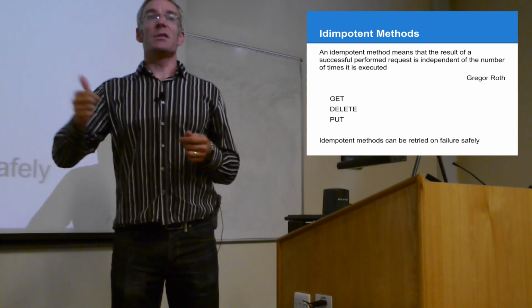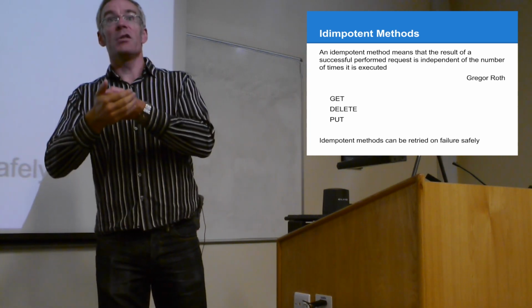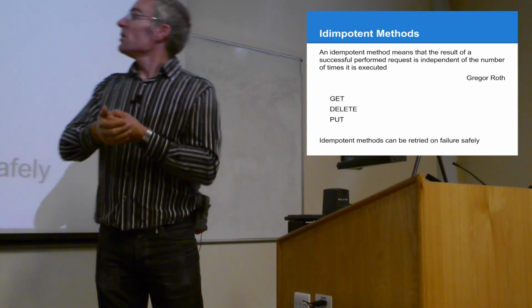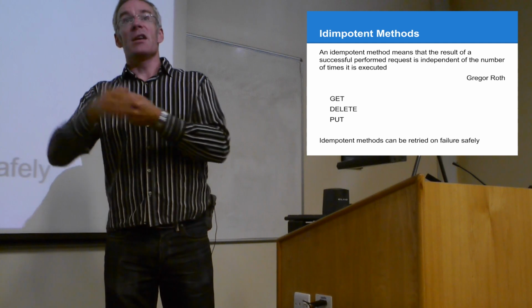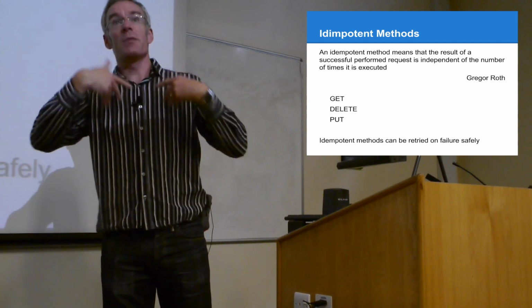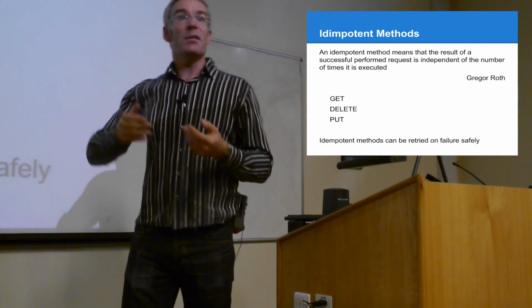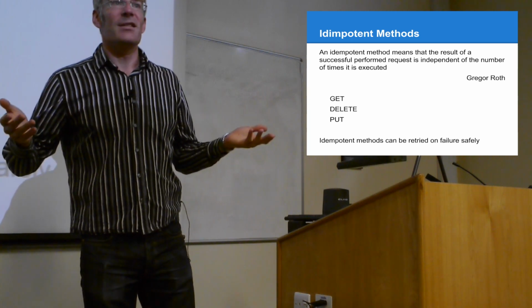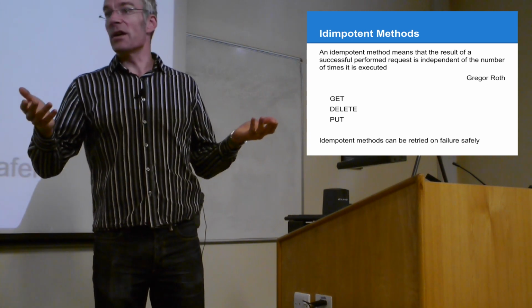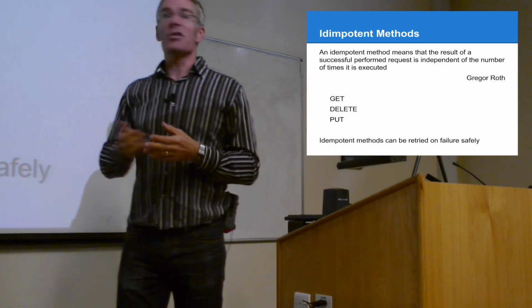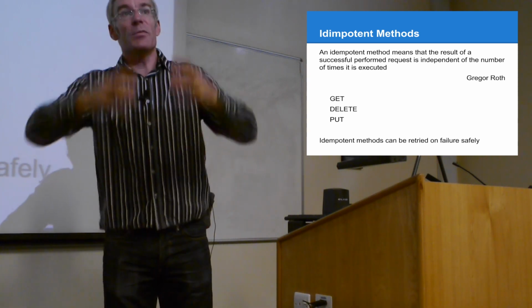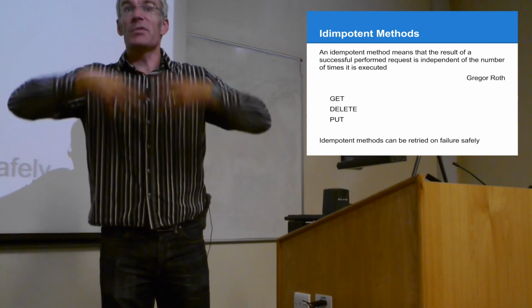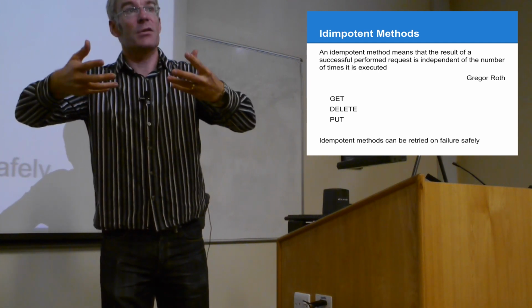What idempotent means is, no matter how many times you carry out the operation, it'll only do it once. If you GET a book from the system and you keep saying GET, it's not going to change the book, is it? It's just going to keep getting the same book. If you delete the book, when it's gone, it's gone. Deleting it a second time won't delete it twice. And PUT: if you update a book's details, if you keep sending the same update data to the system, it'll update it to the new data once.